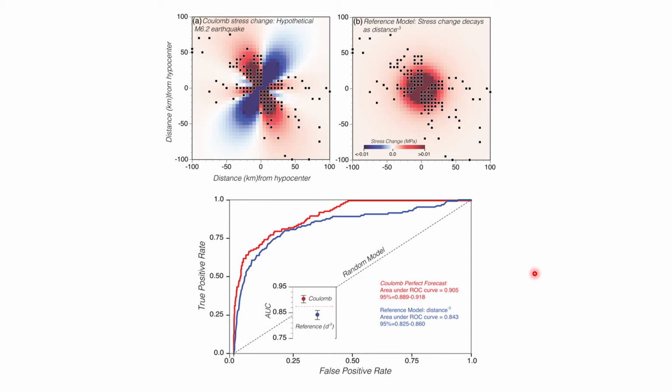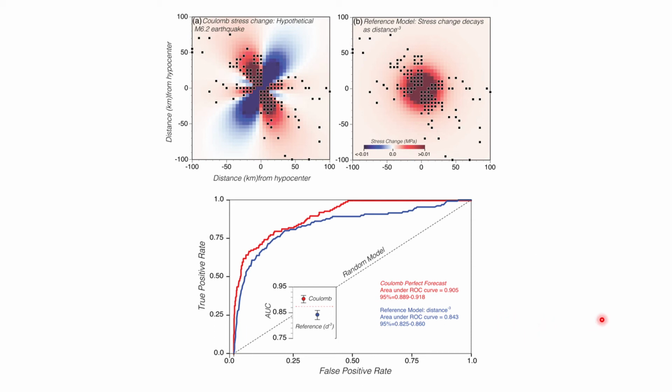The curves are built by stepping from the smallest to the largest stress change values in each model. The red one represents the Coulomb forecast model and the blue one is the reference model. In this case, the Coulomb stress change barely outperforms the reference model, with 95% confidence bounds on the area under the curve values. But a perfect forecast like that does not happen in the real world.